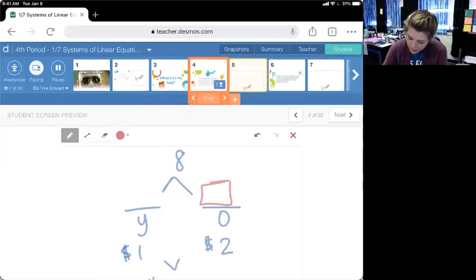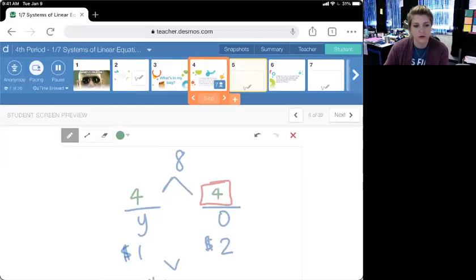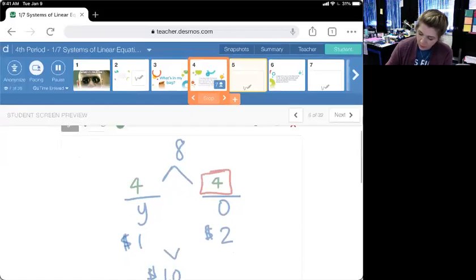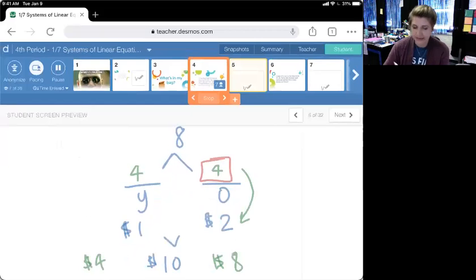So let me give you another example. Let's split it up: 4 yellow and 4 orange. Well, 4 times 1 is 4, so that's $4. And 4 times 2 is 8, that's $8.